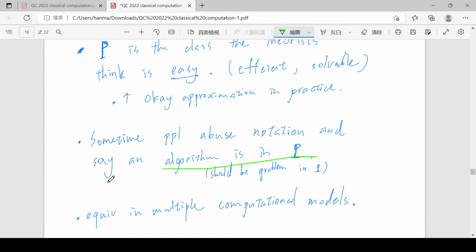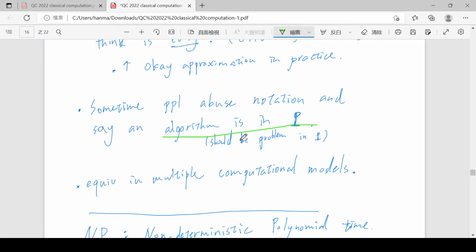People do this, and I also sometimes do this, but it's better to be a bit more careful. You just say your problem is in P and your algorithm runs in polynomial time.